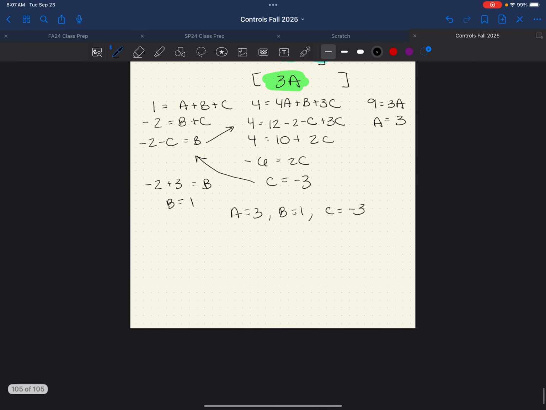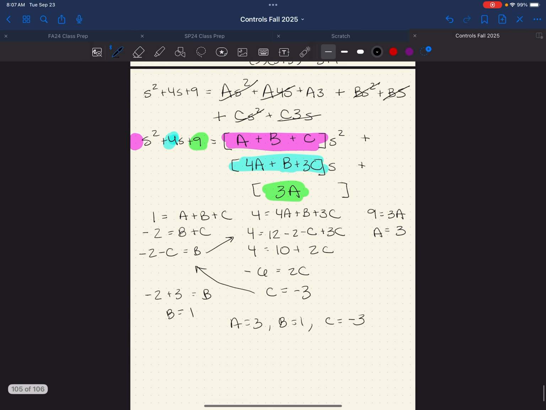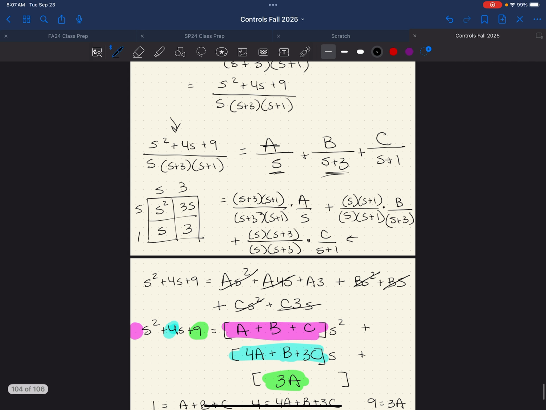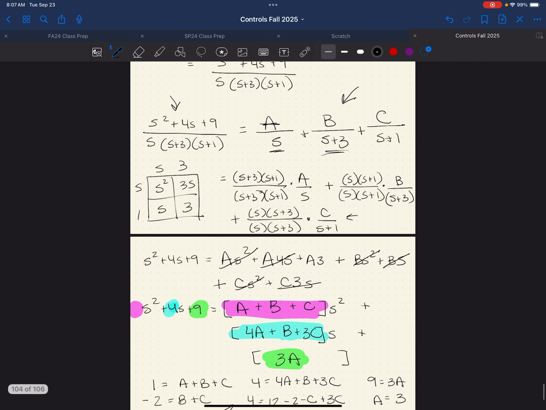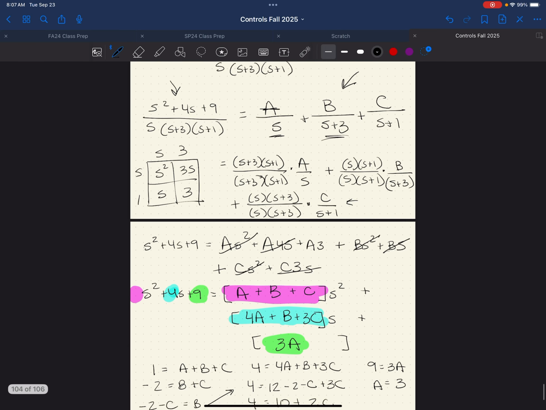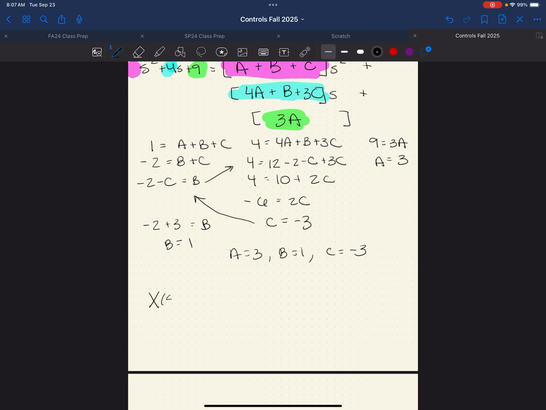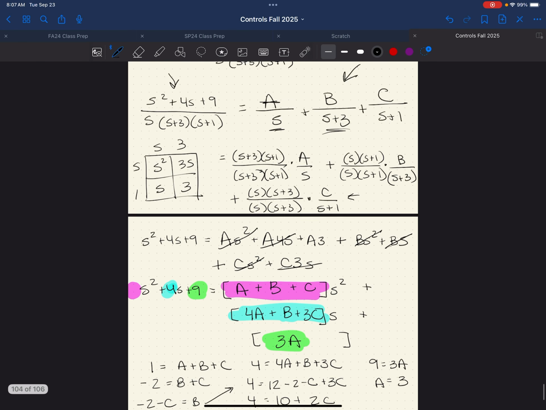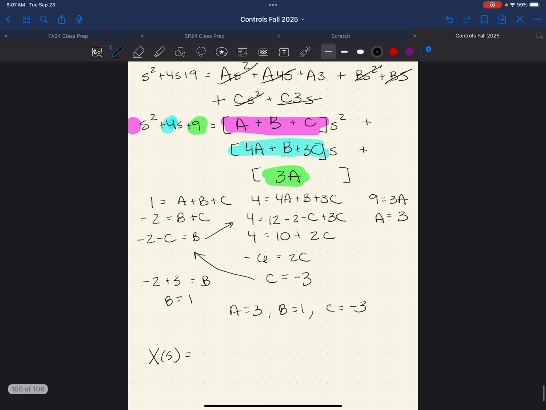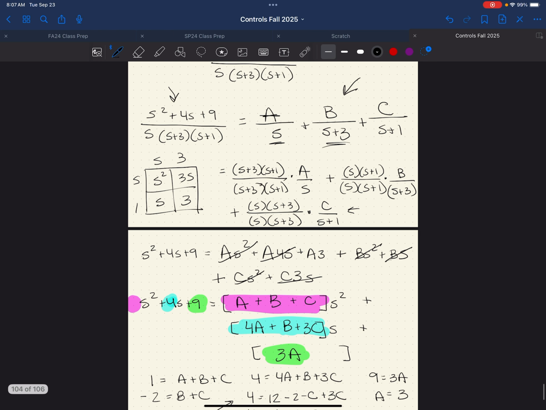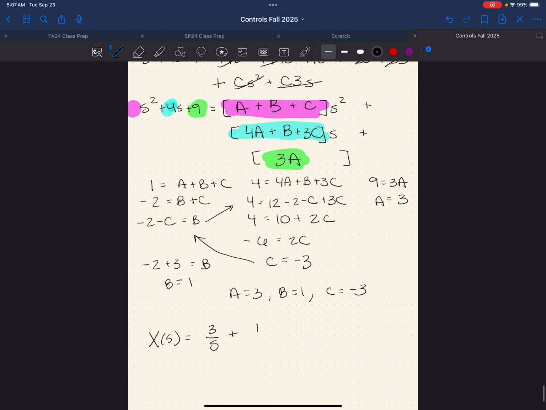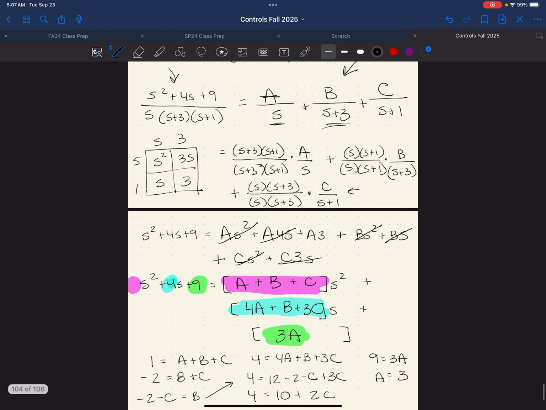All right, so let's now plug that in up here so that our x is now in this form that we really want it to look like. So we'll say big X of s is equal to 3 was a, so that's 3 over s, plus b was 1, so 1 over s plus 3, and c is negative 3, so minus 3 over s plus 1.